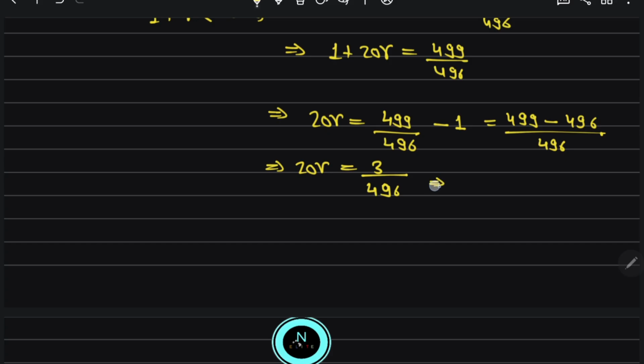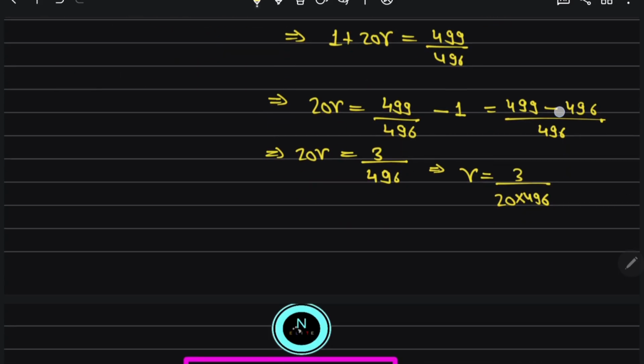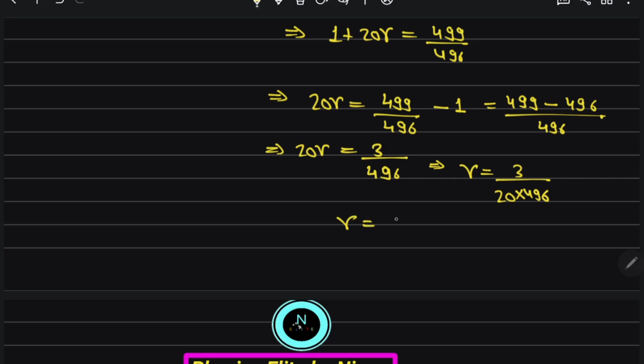So gamma is 3 upon 20 into 496, which is 3 divided by 9920.